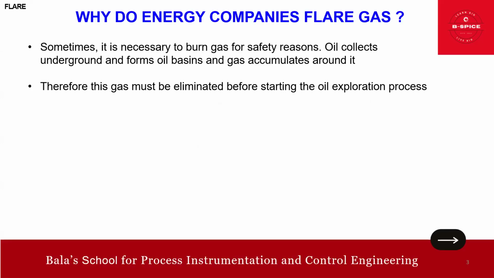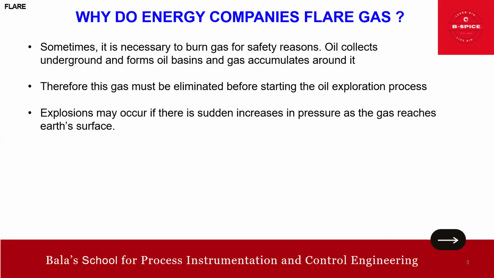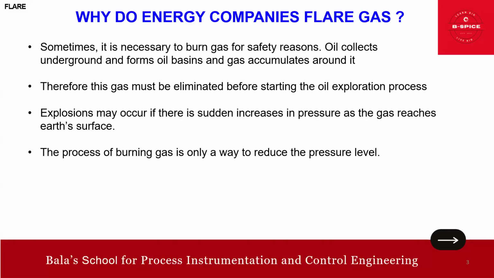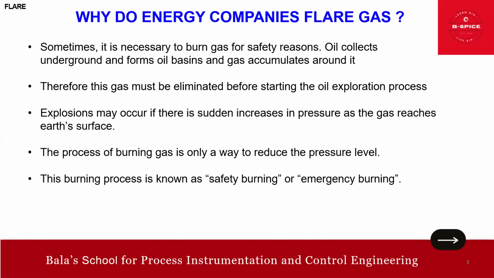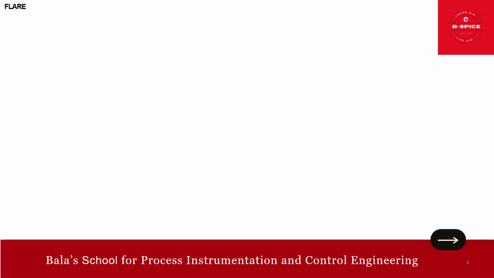Those who have worked offshore know this better, right? An explosion may occur if there is a sudden increase in pressure as the gas reaches the earth's surface. So the process of burning gas is a way to reduce the pressure level. This burning process is known as safety burning or emergency burning. So this is the answer to why energy companies flare gas.